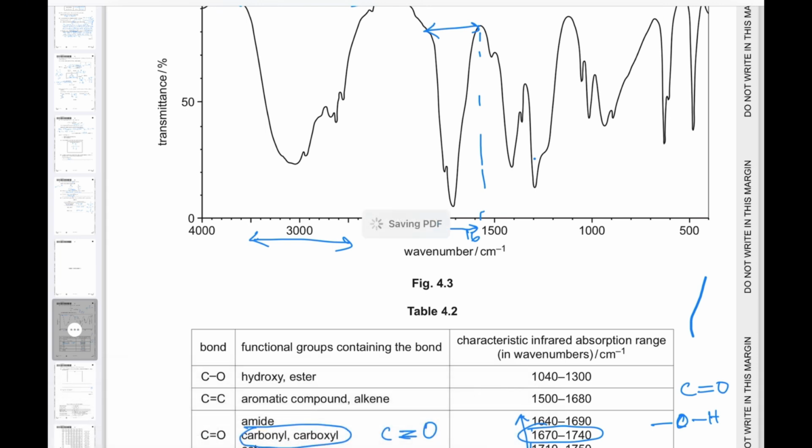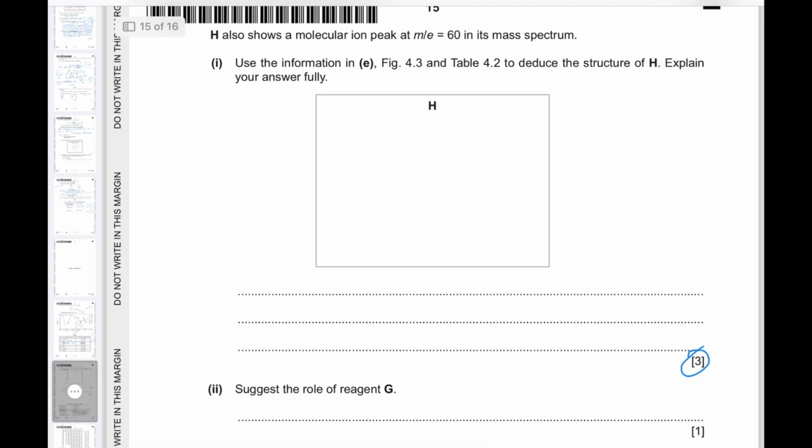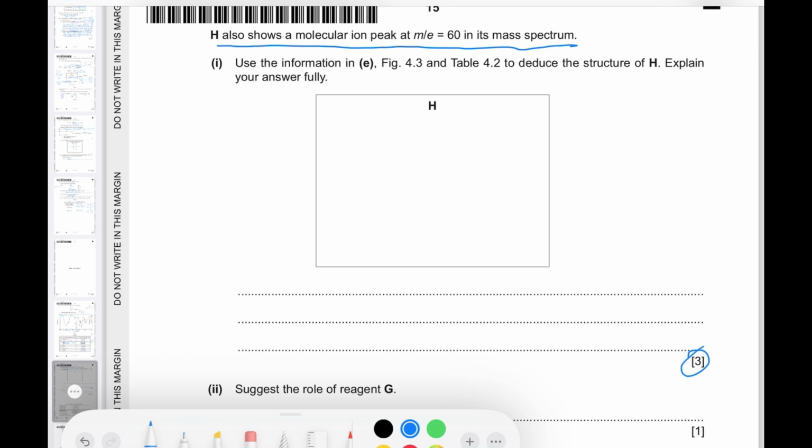Lastly, we also need to use this information over here. H shows a molecular ion peak at 60. That means the molecular mass of H is equal to 60 units. Since we came to the conclusion that H is ethanoic acid, we can confirm our answer by finding the Mr of ethanoic acid.